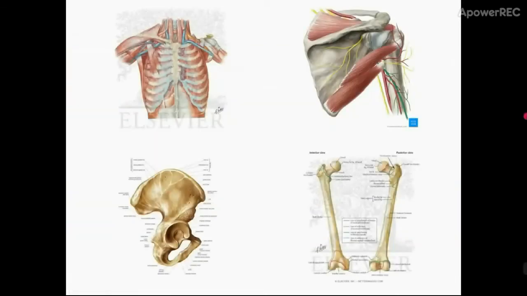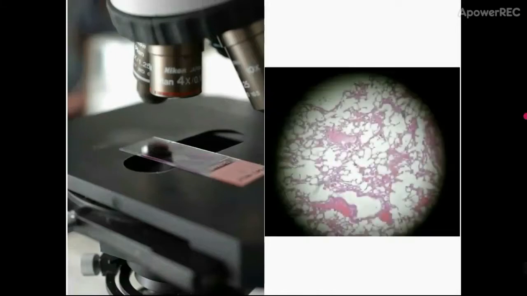Different colored atlases are also used for learning anatomy today, and we know that histology is a part of anatomy, and conventionally a light microscope is used to visualize histological structures. Nowadays, students take a photograph of a slide through the eyepiece of the microscope with their mobile phone camera and learn the histological structures from it later.